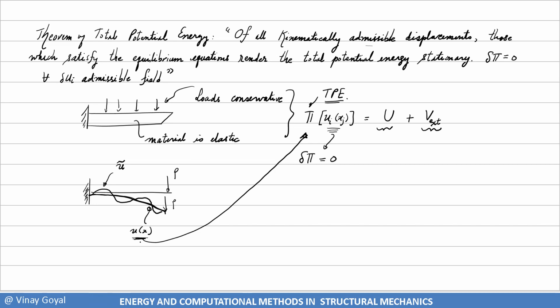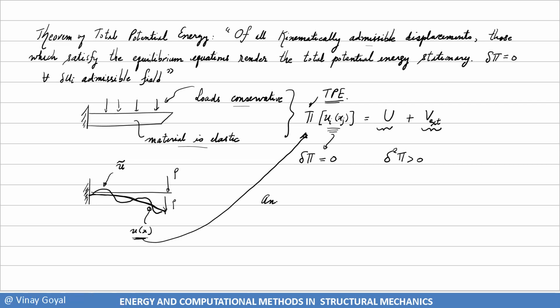That's powerful. We can demonstrate by looking at the second variation, and it can be proven that when the loads are conservative and the material is elastic, the second variation of pi is always greater than 0. And so pi will always achieve a minimum when the deflections have been found to be the ones that render the system in equilibrium.